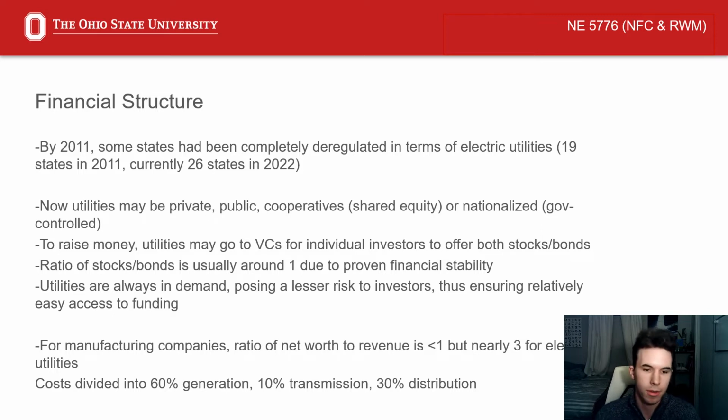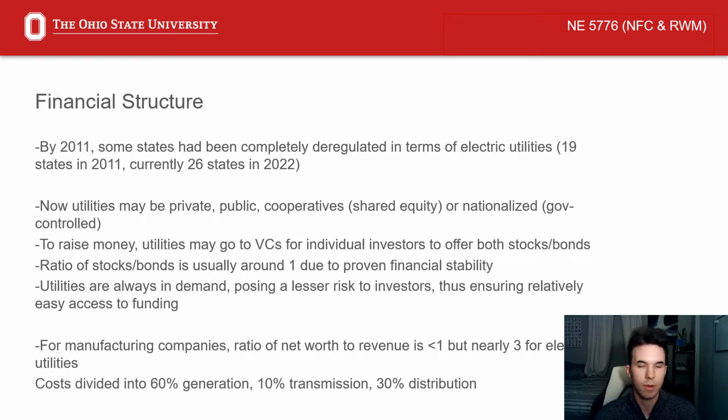And then to raise money, utilities, this is of course prior to generating electricity. When they're just starting out, utilities often go to venture capitalists or maybe even angel investors to offer stocks and bonds. The ratio of stocks to bonds is usually around one. This is actually sort of a unique thing in the electric utility industry due to proven financial stability, right? Because electricity is always going to be in demand.